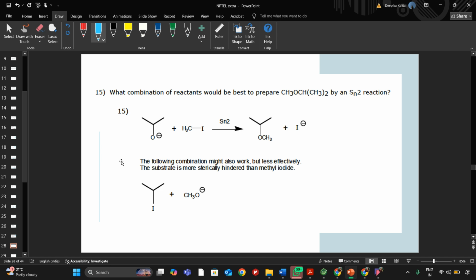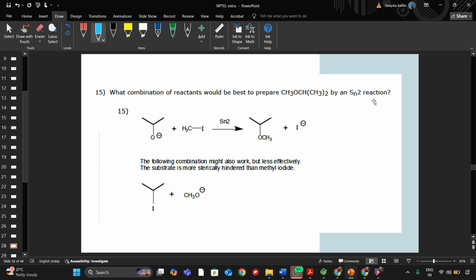Next one is another question from SN2 reaction. What combination of reactants would be best to prepare methyl isopropyl ether by an SN2 reaction?